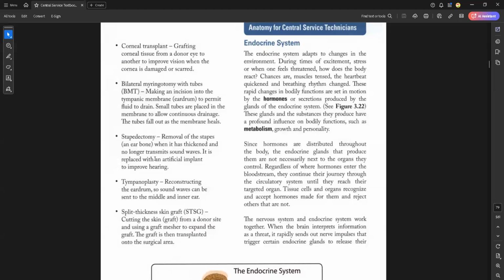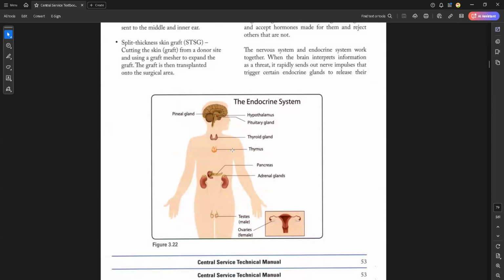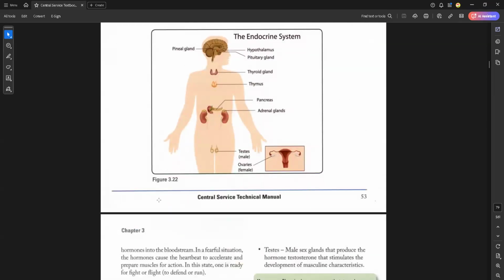Now, the paragraph says the nervous system and endocrine system work together. When the brain interprets information as a threat, it rapidly sends out nerve impulses that trigger certain endocrine glands to release hormones. Next place. So we have some glands over here: pituitary gland, thyroid gland, thymus, pancreas.